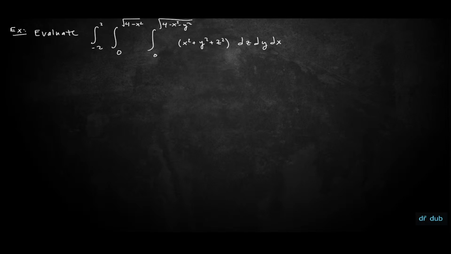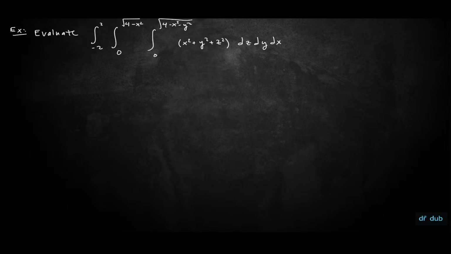Now this doesn't mean we can't do it in Cartesian coordinates. It just means to do it in Cartesian coordinates, it's going to be really nasty. You'd have to probably do some trig substitutions. Not going to be fun with multiple variables. So let's try to avoid that as much as possible.